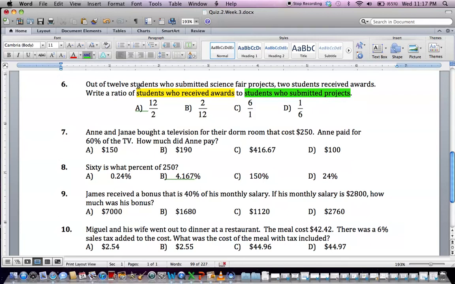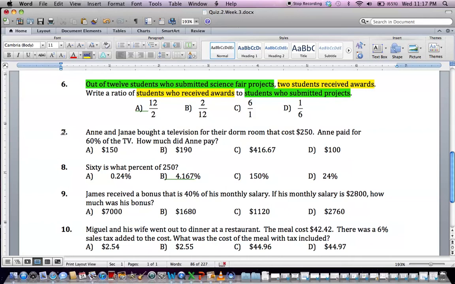Up here it tells you that out of 12 students who submitted science fair projects, 2 students received awards. So using this information, let's write a ratio and make sure we reduce the fraction.